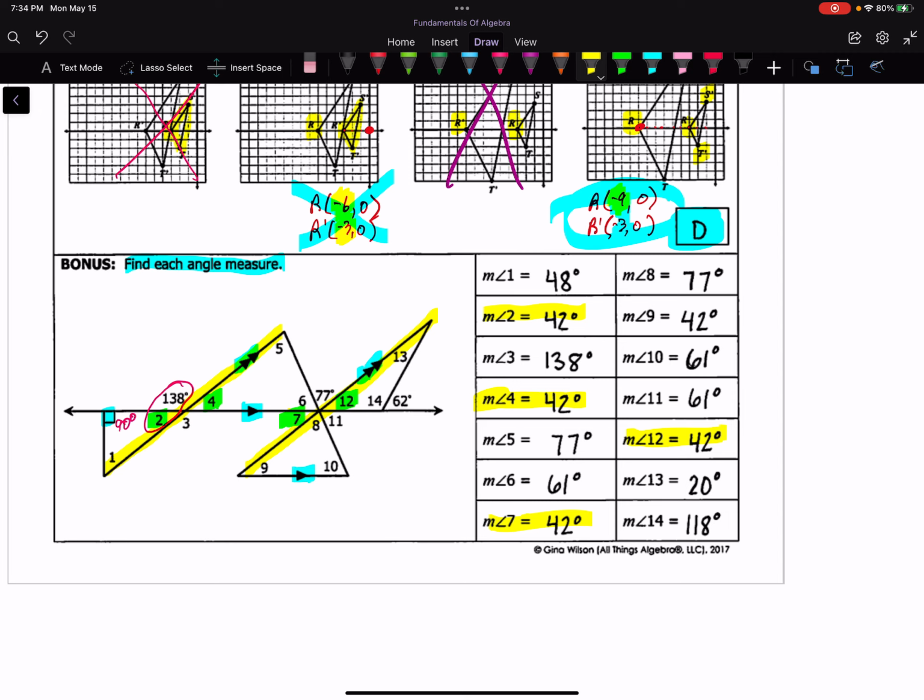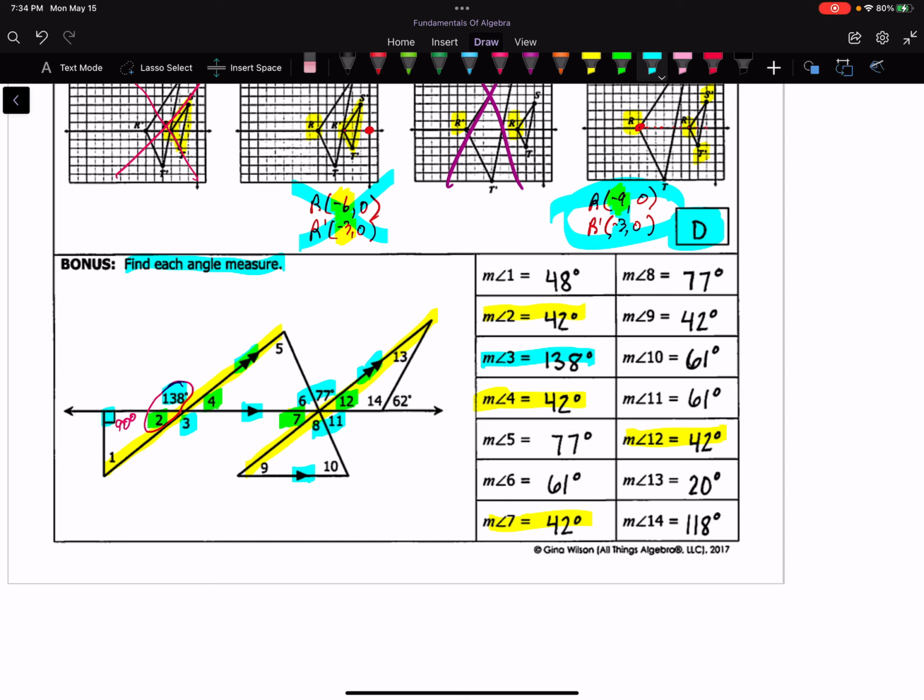Okay, now let's take a look at the rest of them on that set. If that's 138, then this guy's 138. Then those 2 have to add up to 138, and those 2 have to add up to 138. So we know that 3 is 138.